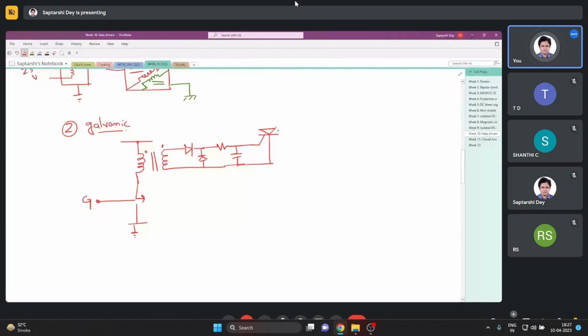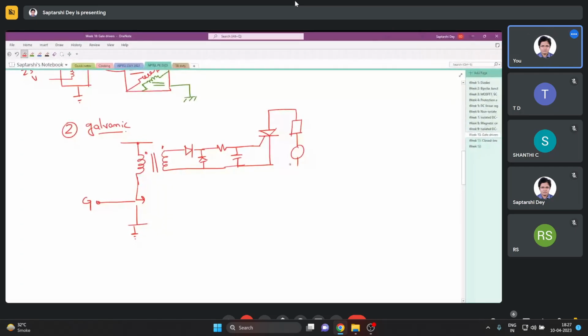This is a very popular circuit to drive thyristors in this fashion.